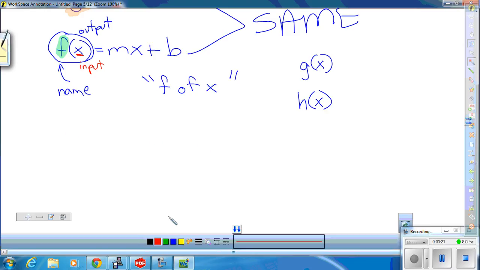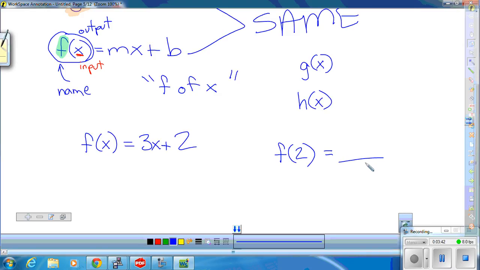So what that allows me to do later, for example, if I have that f of x is equal to 3x plus 2, and I want to plug something into this function, all I have to do is say f of 2 equals question mark, blank, something along those lines. Because what this tells me is I want to know what the output, f of 2, is equal to when I plug in the input 2. That is what I want to plug in to the equation. So this tells me to take 2 and plug it into this expression.